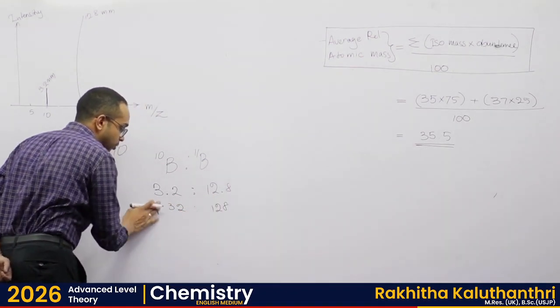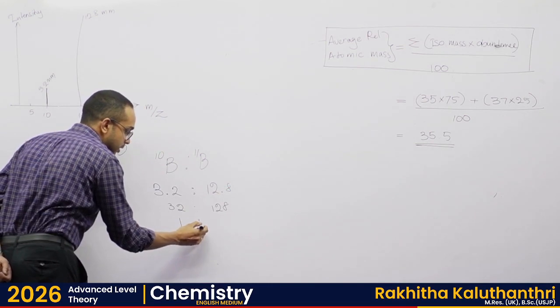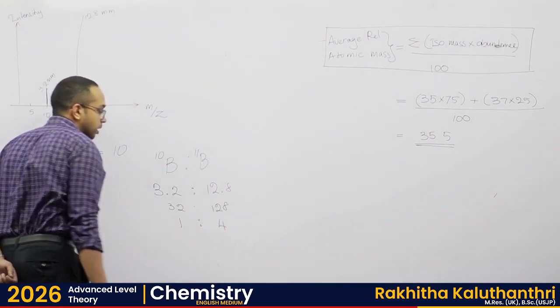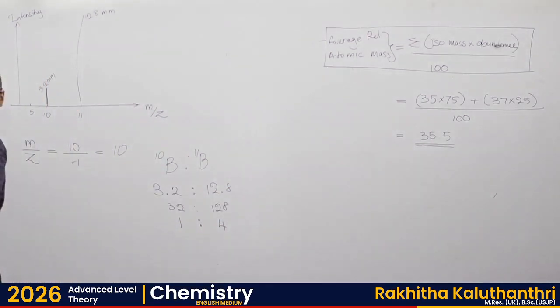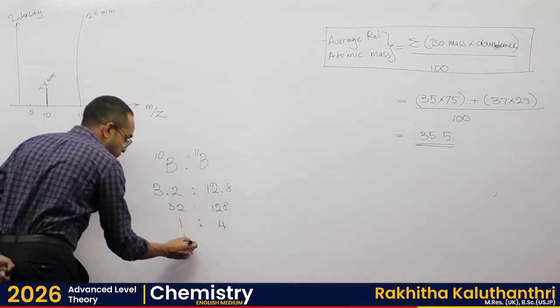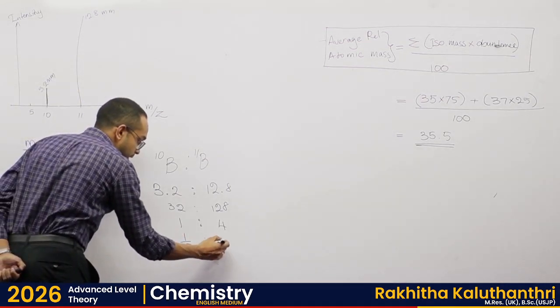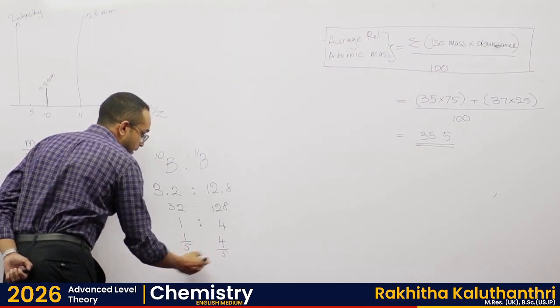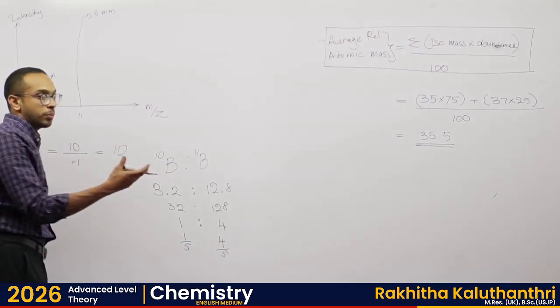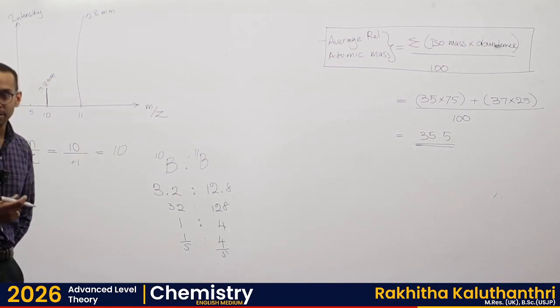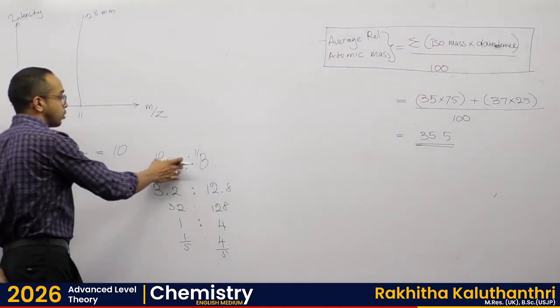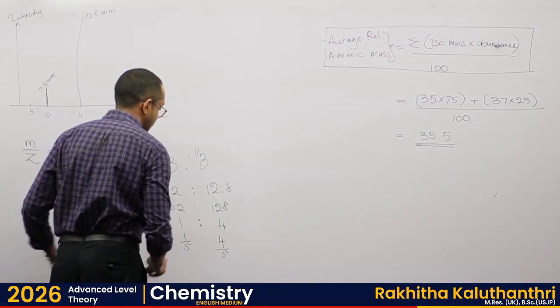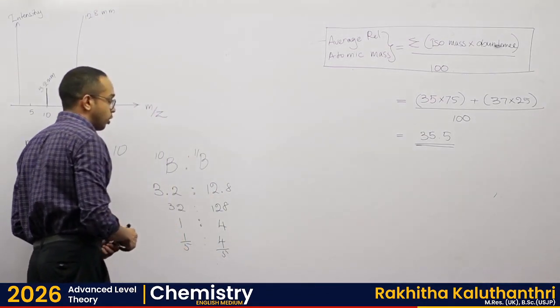This perfectly cancels off, leaving 1 here and 4 here. Okay? So then what is the ratio? 1 over 5, and here 4 over 5. So the ratio is 20% to 80%. Is that clear? Boron 10 is 20%, boron 11 is 80%. That is your step 1.